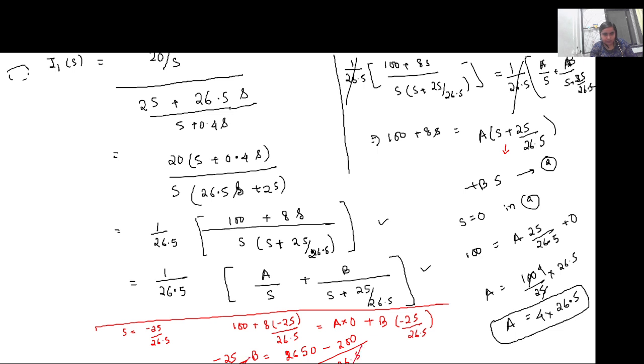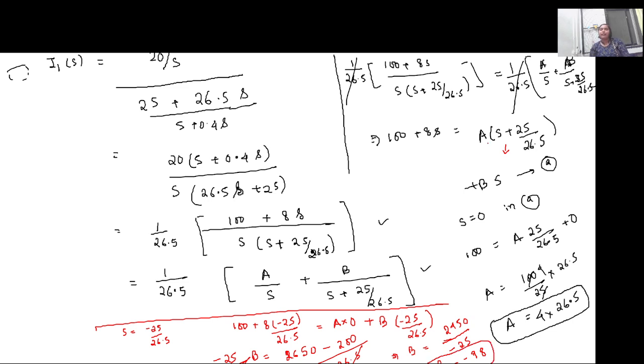Let me just cancel this too. So b is equal to minus, so no, it is 26.5 minus 200, so 2450 by minus 25, which is equal to minus 98. Okay, so we find the value of a and b.